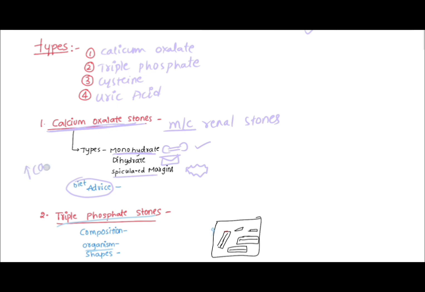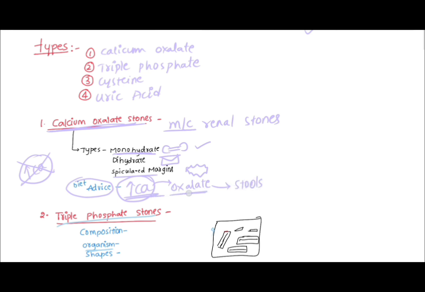Usually we think that increase in calcium intake will lead to the formation of stones, but this is not correct. So we should take more calcium to prevent the stone formation. You know how? Calcium binds to the oxalate in the intestine and helps it to be excreted through the stools.